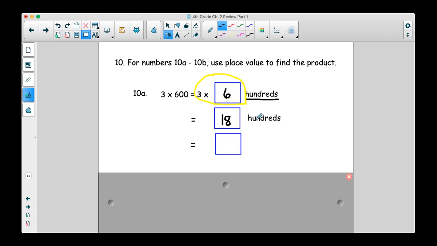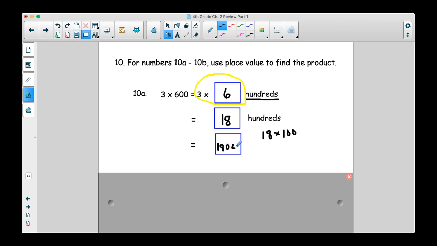So 1800s. So basically 1800s is the same as 18 times 100, right? Sometimes you'll hear adults say the word 1800 or the number 1800, and that would stand for 18 hundreds.